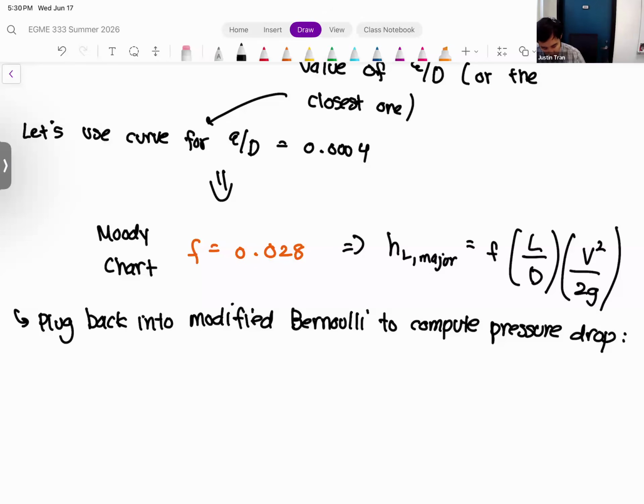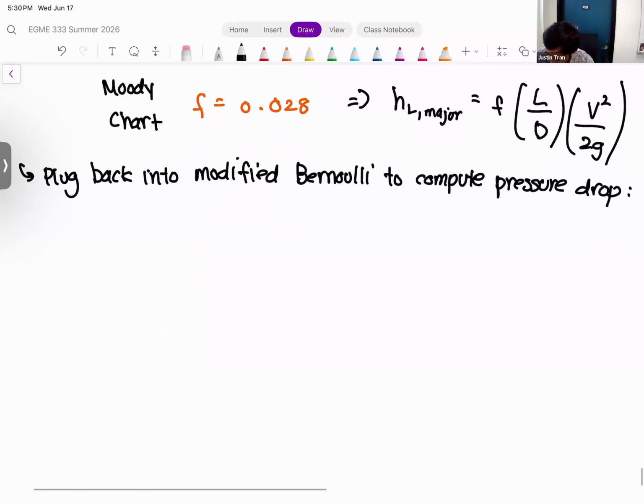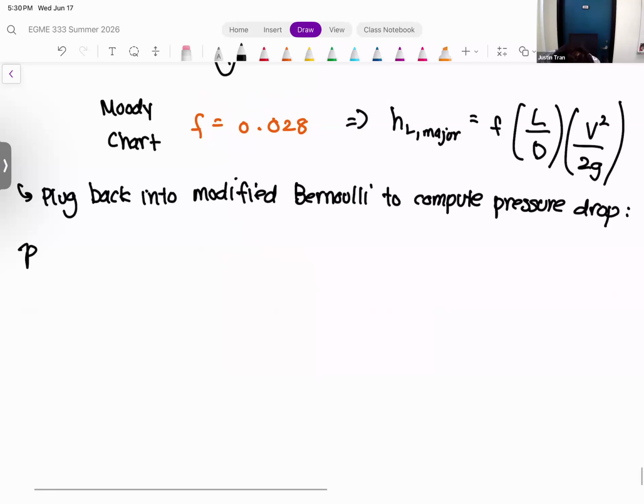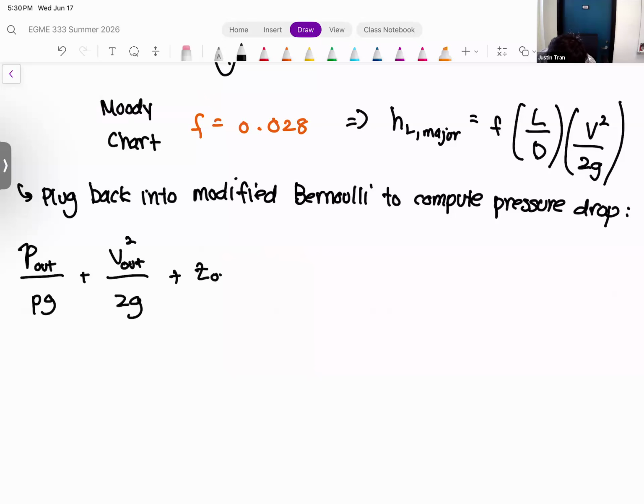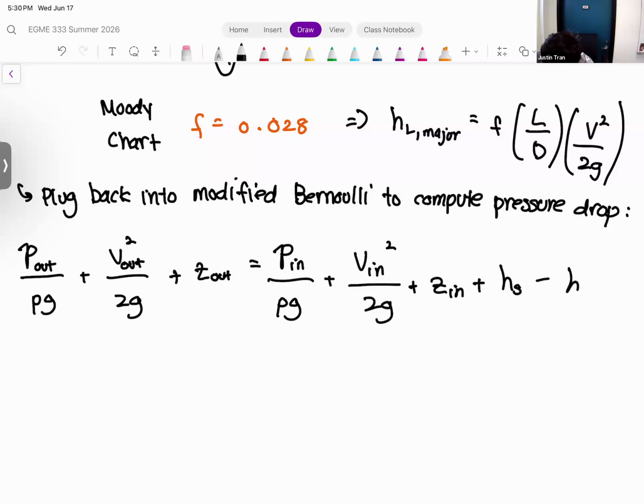Our modified Bernoulli has the following form: P out divided by rho times g plus V out squared divided by 2g plus Z out equals P in divided by rho times g plus V in squared divided by 2g plus Z in, plus our shaft work minus our head losses.